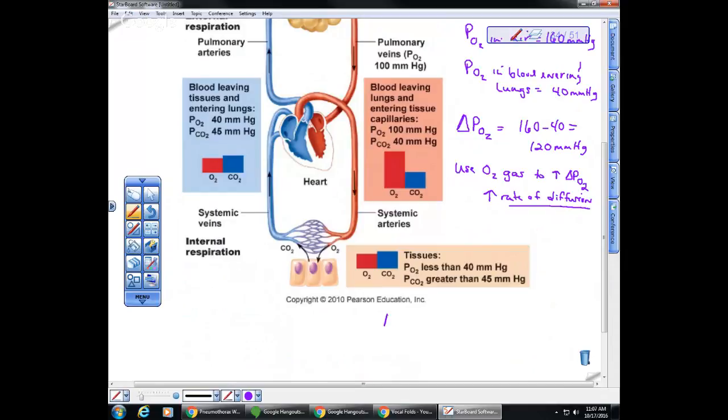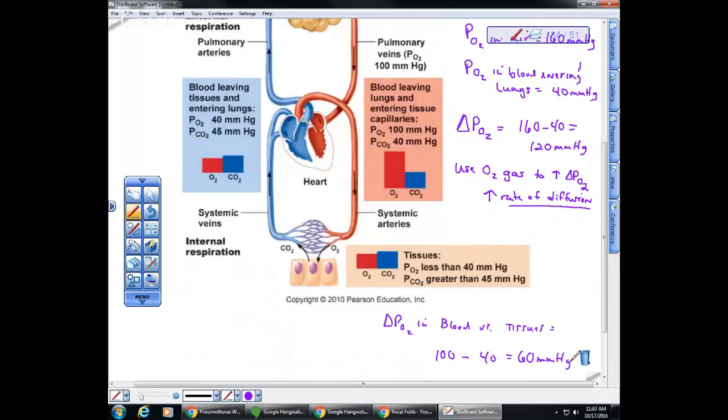So the delta PO2 in blood versus tissues is equal to 100 minus 40, which equals 60 millimeters of mercury.